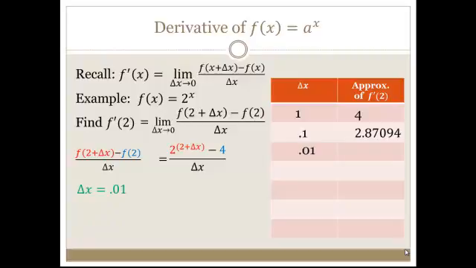Now we take delta x to be 0.01 and calculate 2 to the 2 plus 0.01 minus 4 all over 0.01, which comes to 2.78222. As we add this to our table, again it's worth pointing out that as delta x gets smaller, our approximations get closer together.